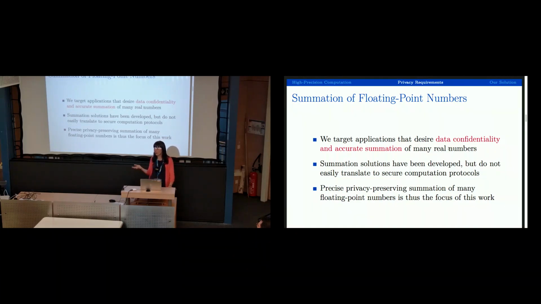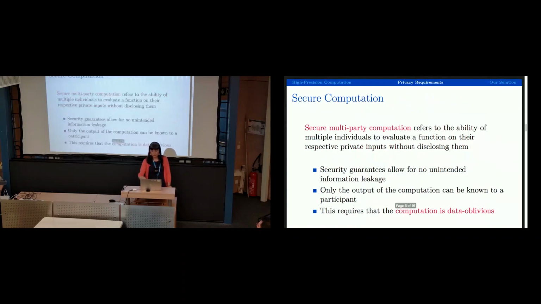What we'd like to do is develop a solution that has a similar nature, but can easily translate into a secure computation protocol and do this operation securely and accurately.